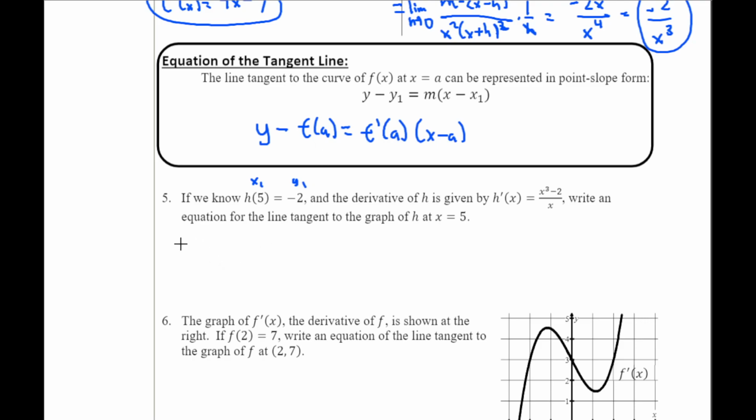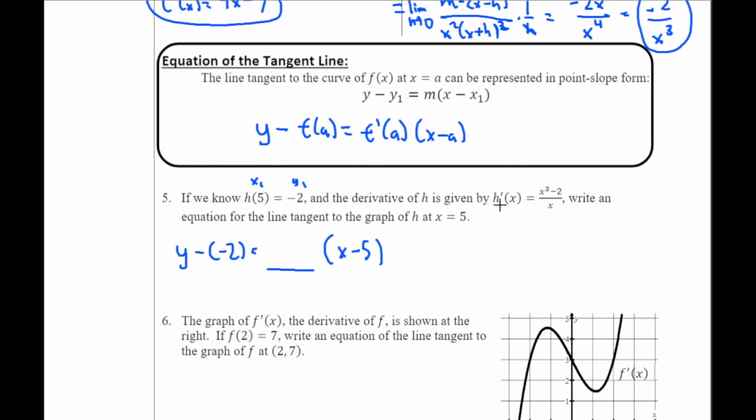So you can already, right here, in this equation, have a y minus y1, or y minus negative 2, equals, well, we don't know what f prime of 5 is yet, so leave that blank for now. And then it's going to be x minus x1, x minus 5, right? Your initial point's 5, comma, negative 2. So that's the equation of the tangent line so far.